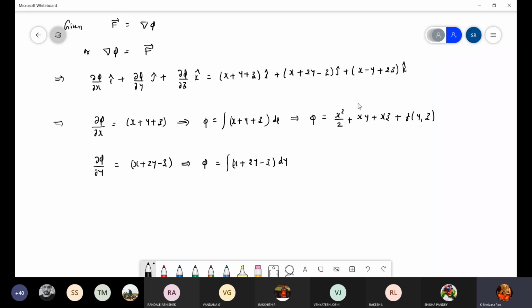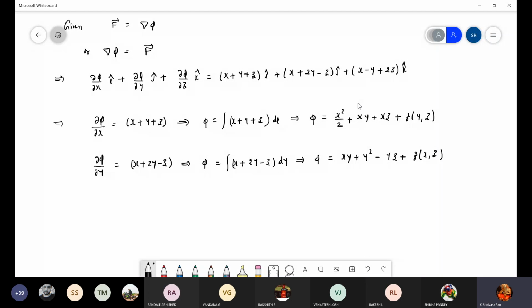That implies phi equals xy plus y square minus yz plus f of x comma z.